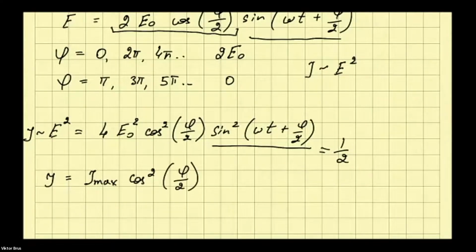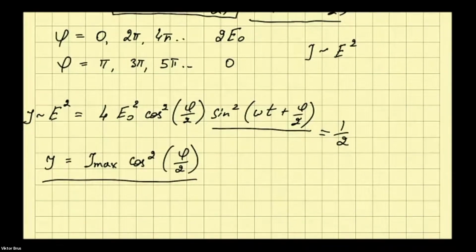So what really matters is this phase shift between two waves, and the angular dependence of light intensity will look like this equation.